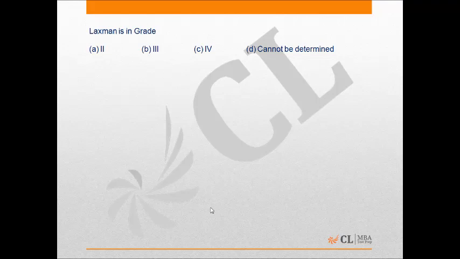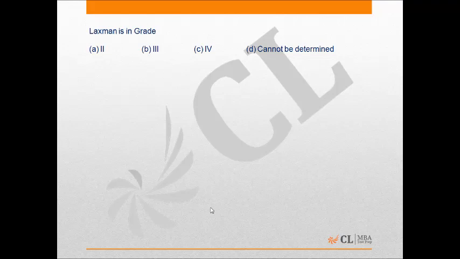If it is the case, like if total points of Lakshman is less than or equal to 5000, then he'll be in grade first. If it is more than 5000, that is, greater than or equal to 5001 and less than or equal to 10,000, then he'll be in grade 2, and so on.